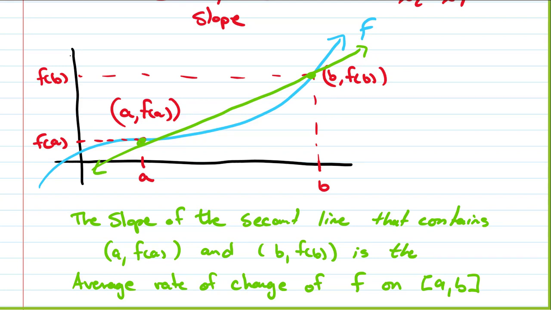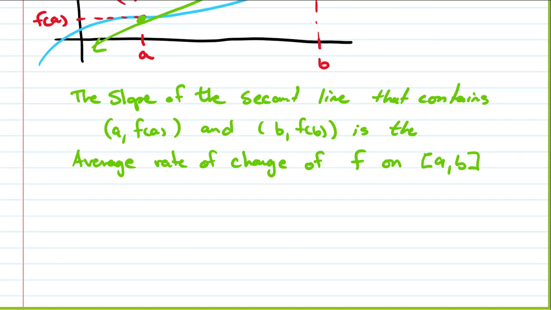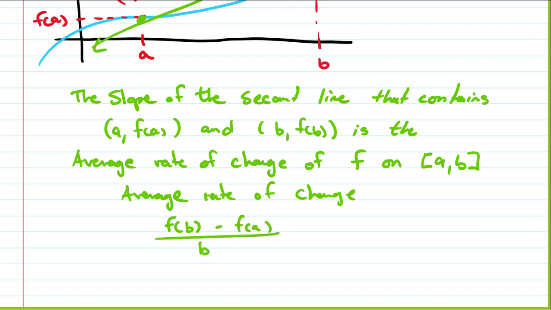The function f does not necessarily have to be a line, because if we can find 2 points on f, we can connect 2 points to make a line and then find its slope. So then our average rate of change is given by the formula f of b minus f of a all over b minus a.